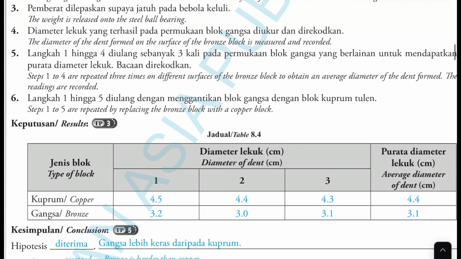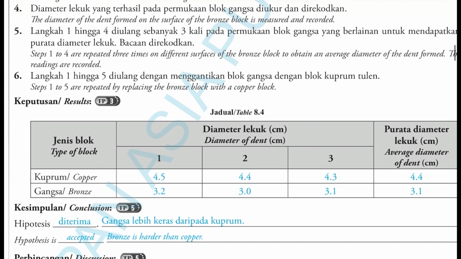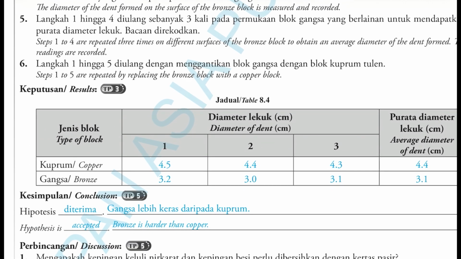So you see the copper, first we get 4.5, second we get 4.4, and then the third time we repeat, we get 4.3. So the average diameter of dent is 4.4. For bronze, we get 3.2, 3.0, 3.1, 3.1. So hypothesis is accepted. Bronze is harder than copper.